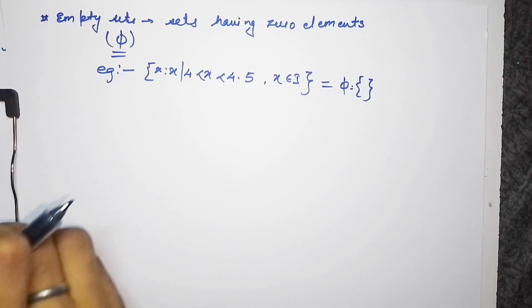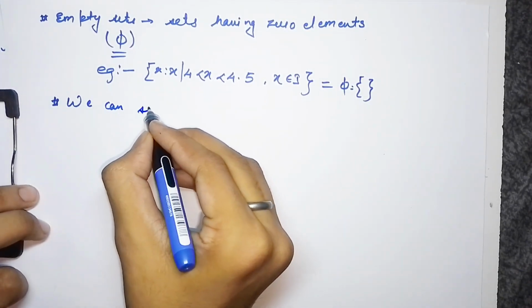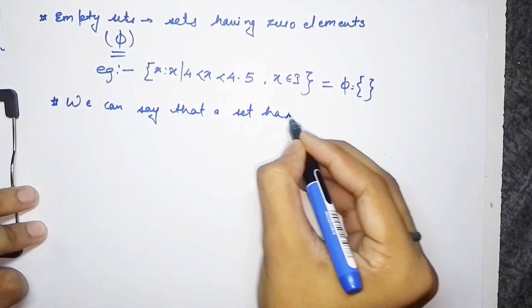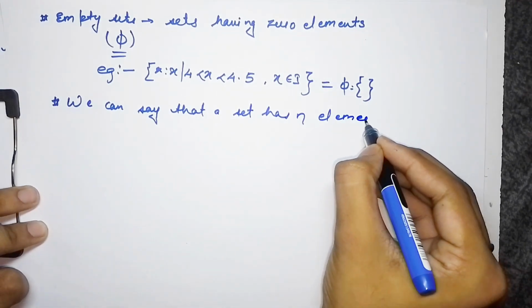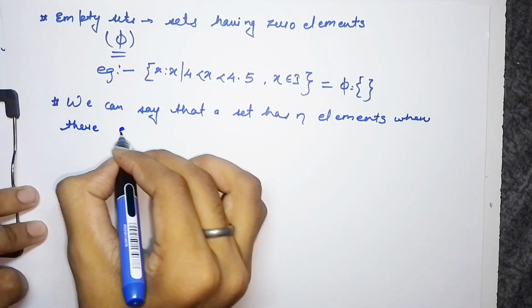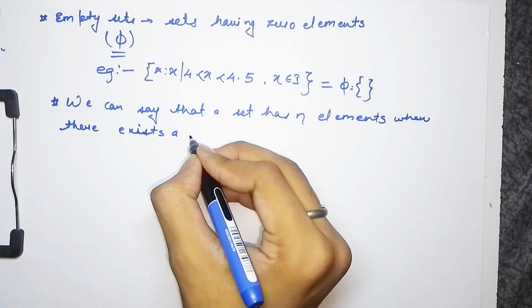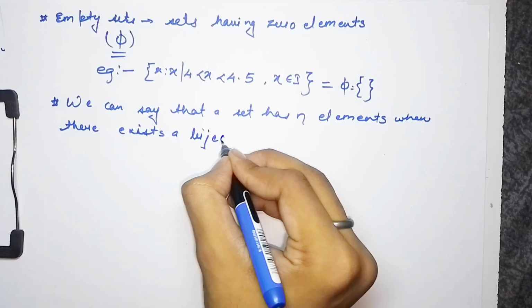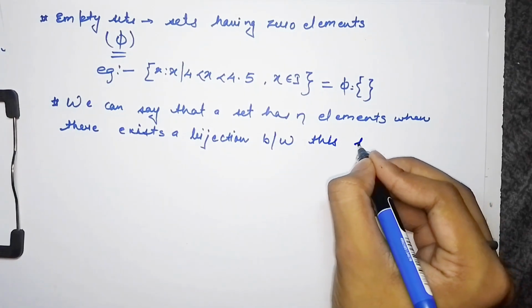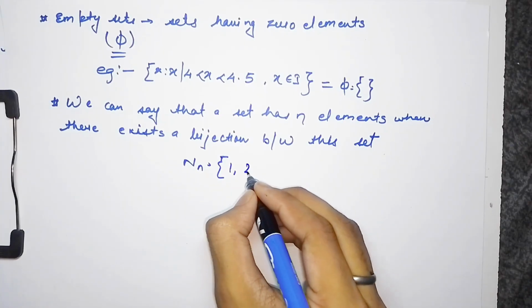We can say that a set has n elements when there exists a bijection between this set and the set {1, 2, 3, ..., n}.